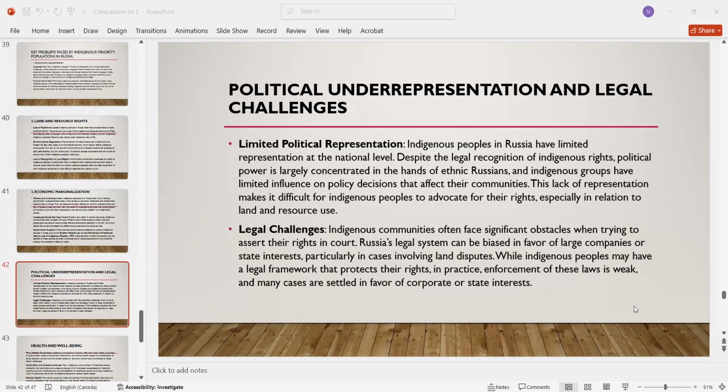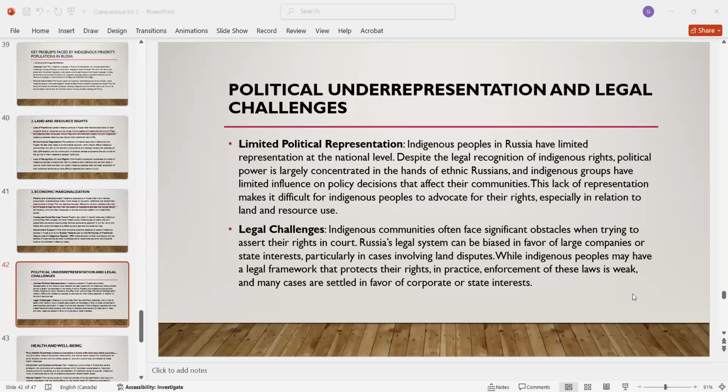So indigenous groups have limited influence on policy decisions. In Brazil, only elite people can vote. They are the people who are educated. All the others, those who can't read and write, illiterate people, can't vote. Right? So in that way, even here, limited political representation is there.